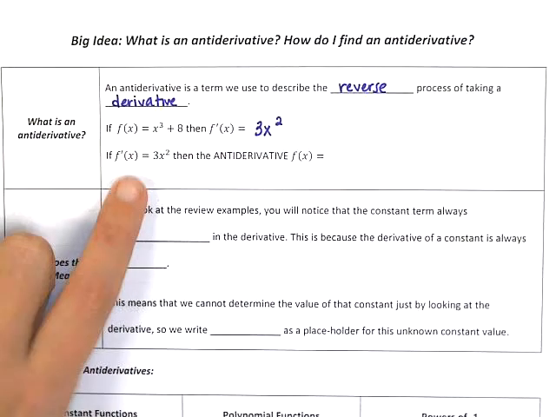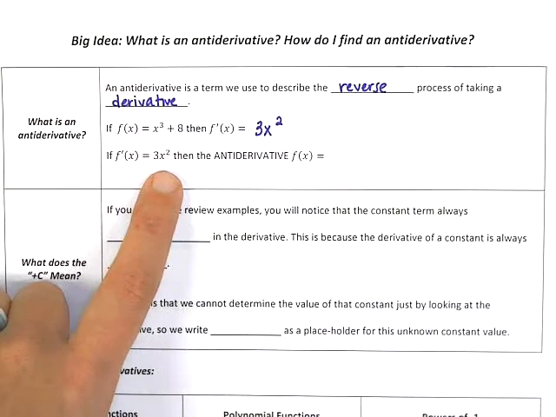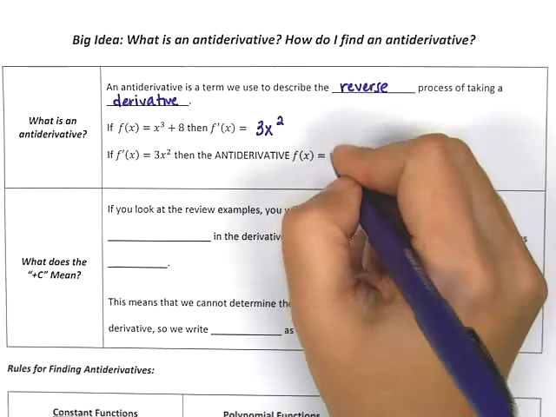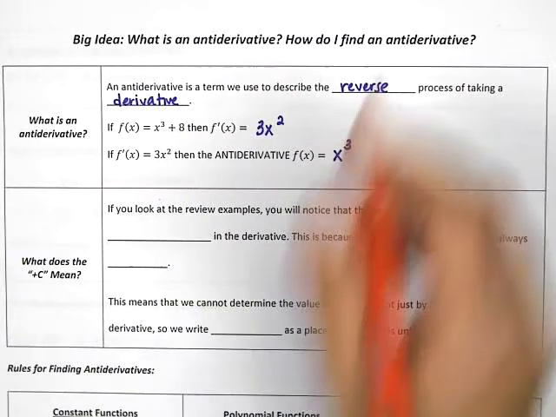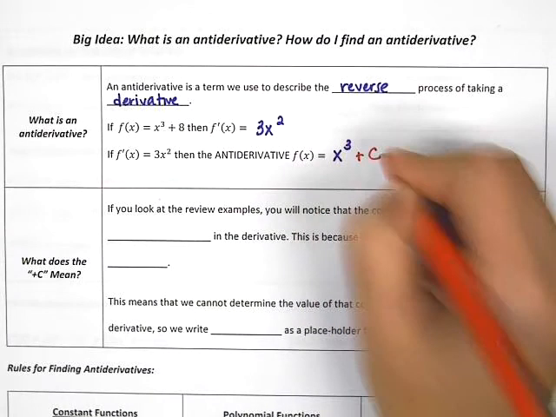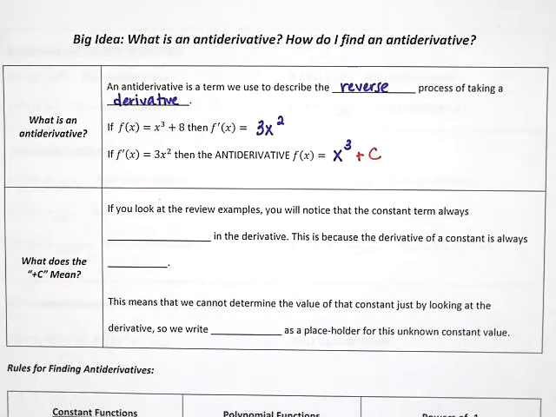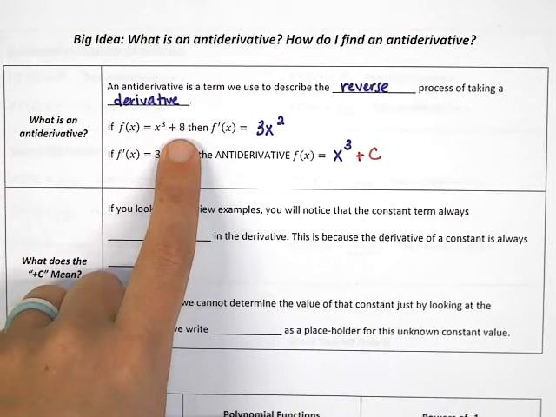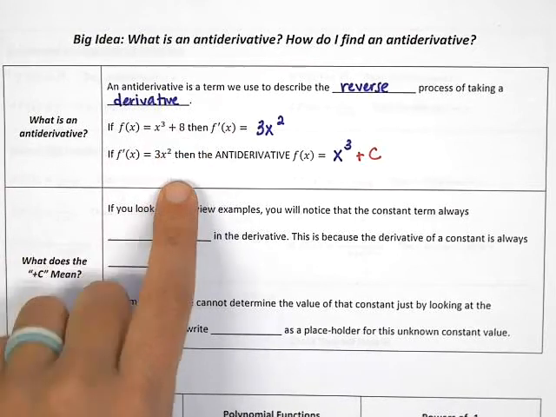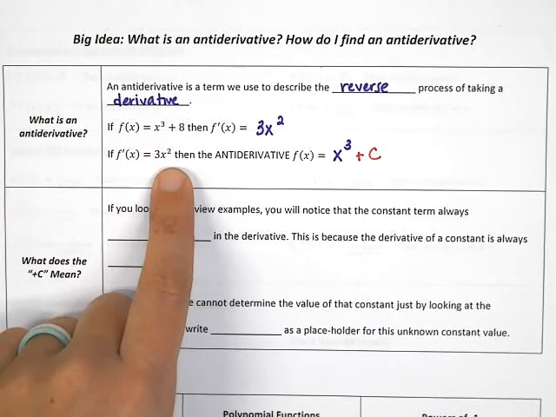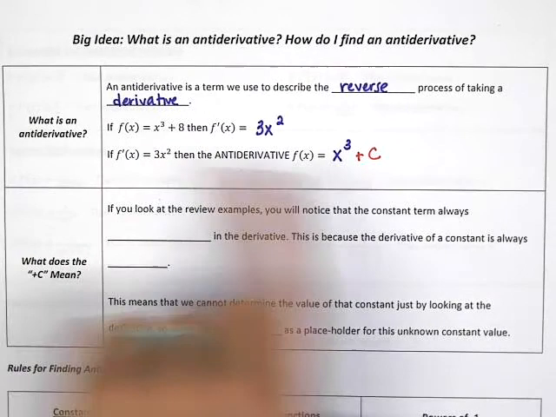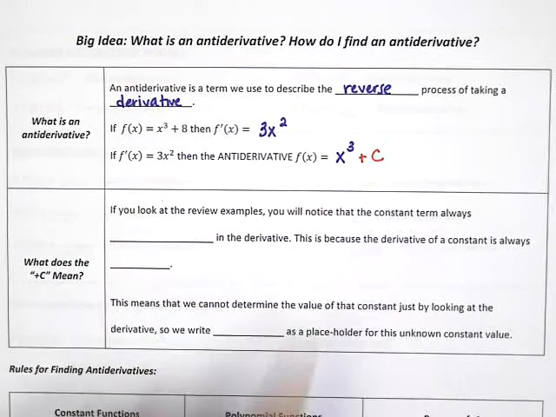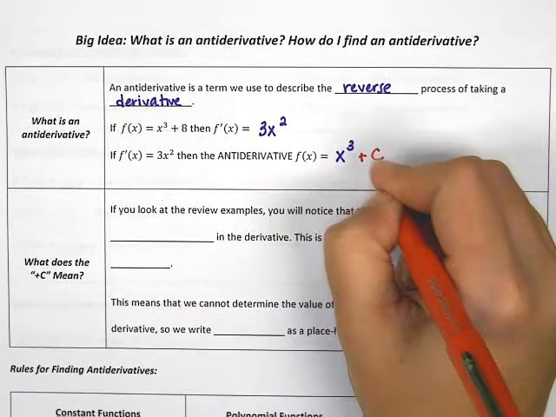If your derivative is 3x squared, then the antiderivative would be x cubed, but then we always write a plus c. Now the reason we write a plus c is because remember this plus 8 that disappeared when we took the derivative? We can't tell what that was from the derivative itself. Just by looking here, we wouldn't have known there was a plus 8. So we put a plus c to represent an unknown constant.